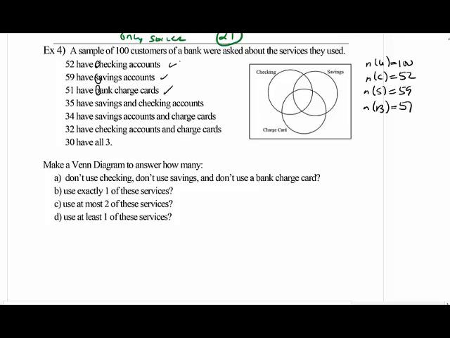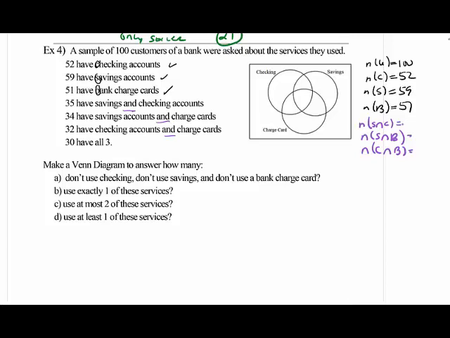So I've labeled those. Now going down to the next piece is using my ands, which is the intersection of pairs. So I have savings and checking. I have savings and bank charge cards. I have checking and bank charge cards. You could use CC for charge cards too if that helps you keep that separate.